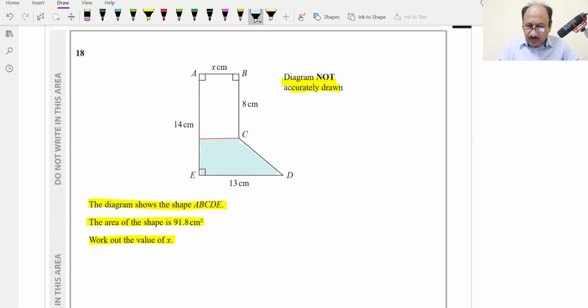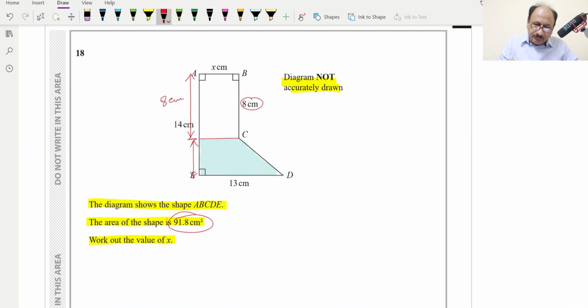So we can consider the area of the shape given, which is 91.8. First we will have to figure out the sides basically. So up to this one where we have separated, this length is equal to this one, because this is a rectangle, so it will be 8 centimeters, and the remaining length of this trapezium, basically the height of the trapezium, will be how much?